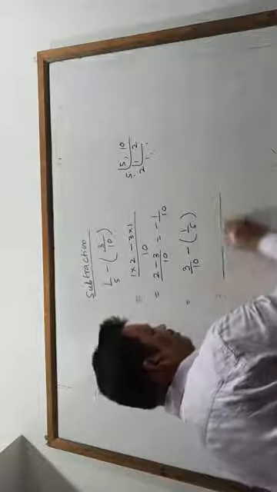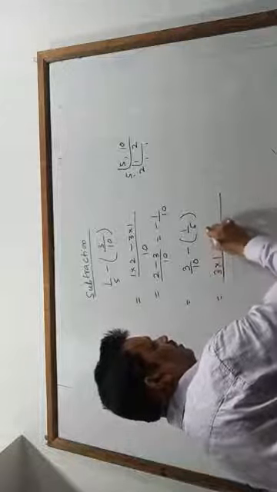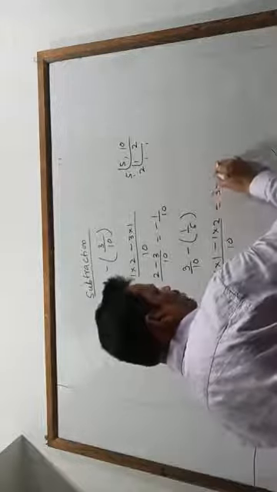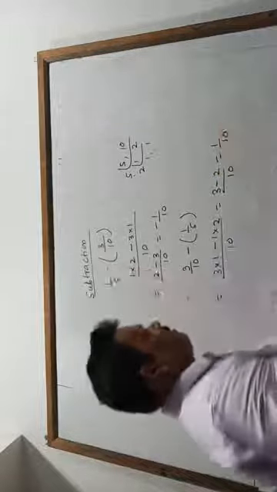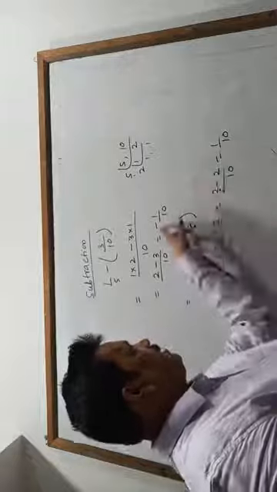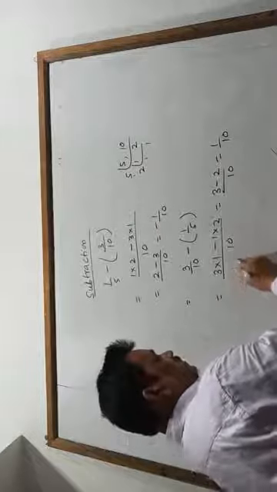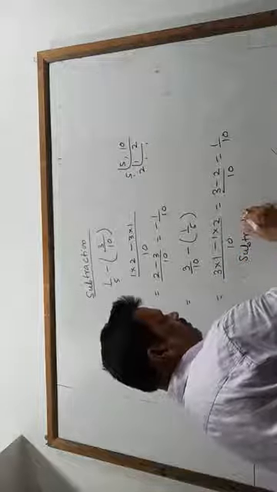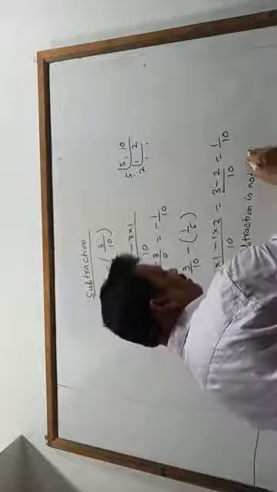Take the LCM, same 10, 3 into 1 minus 1 into 2. 3 minus 2 by 10, 1 by 10. Look, this is not equal, this is minus 1 by 10, this is 1 by 10. So subtraction is not commutative.